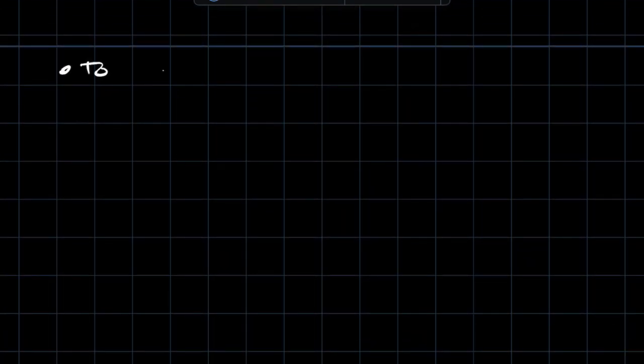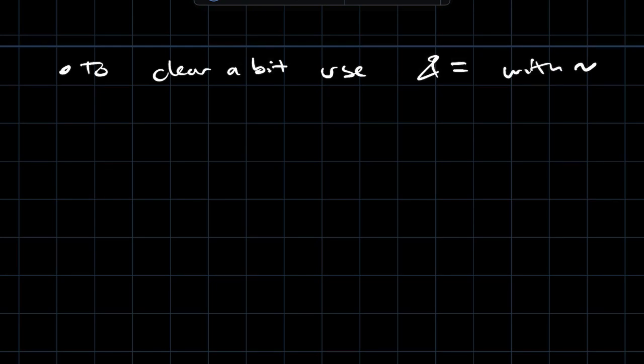To clear a bit, we use AND equals. Again, this is a bitwise AND, which means a single ampersand instead of a double, which is for logical. But we also use the NOT, which is a tilde, to reverse the bit mask.